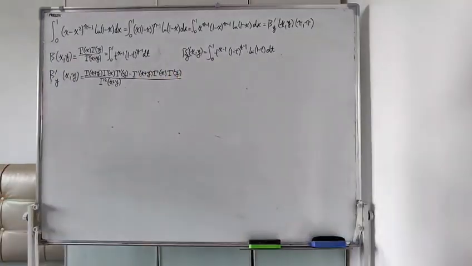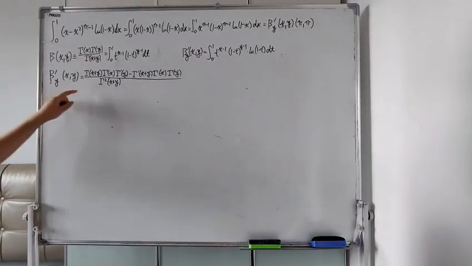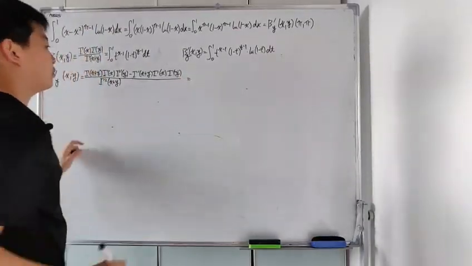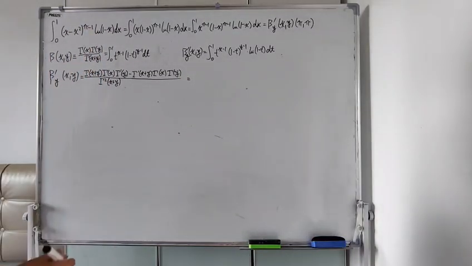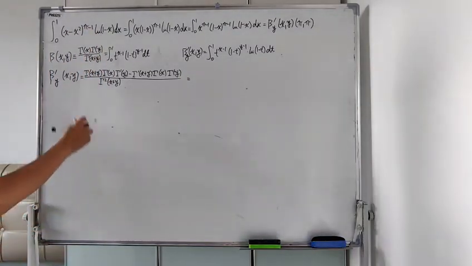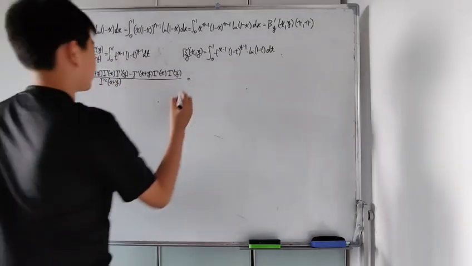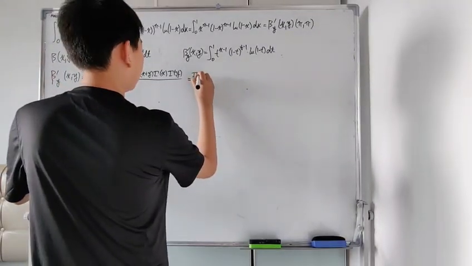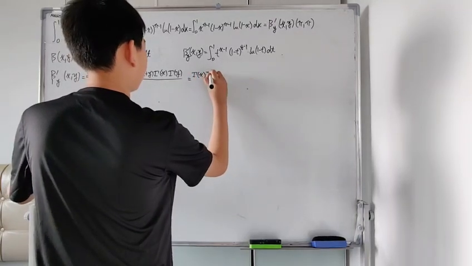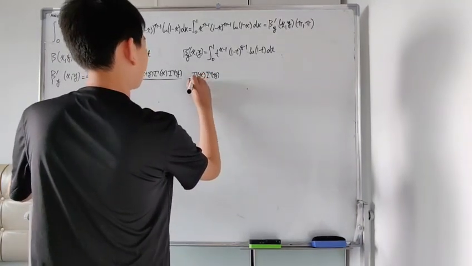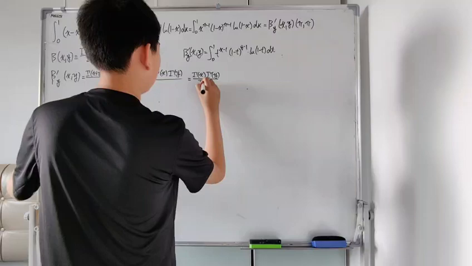Oh, cool. Now we can do some stuff actually. So we can realize, you can't really realize anything, can you? But you can cancel out these two with the square here. So we just get gamma x, gamma prime y over gamma x plus y.